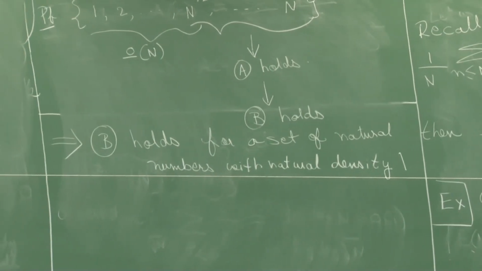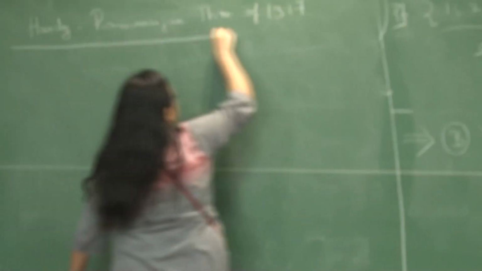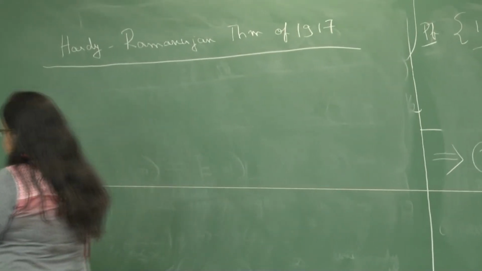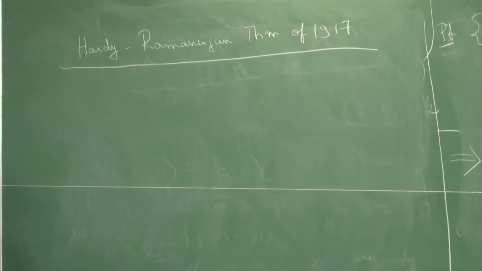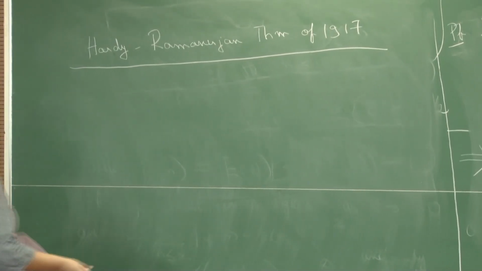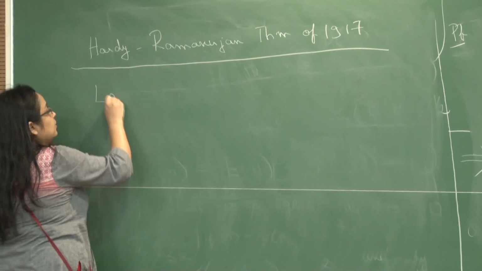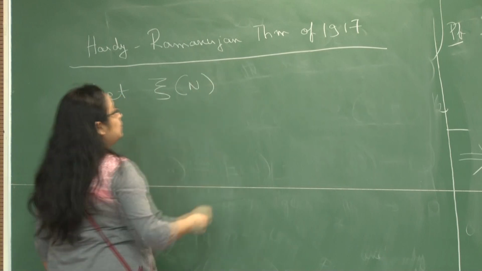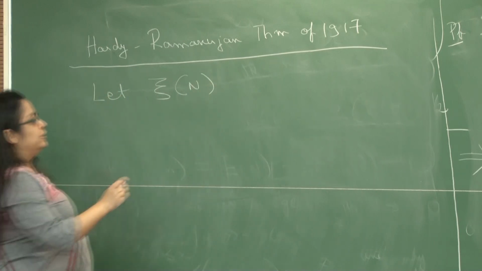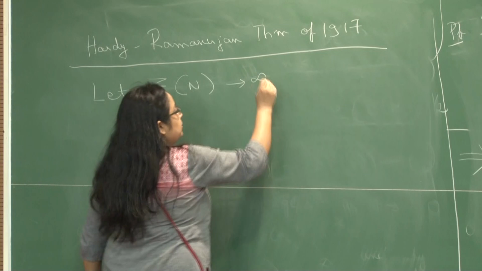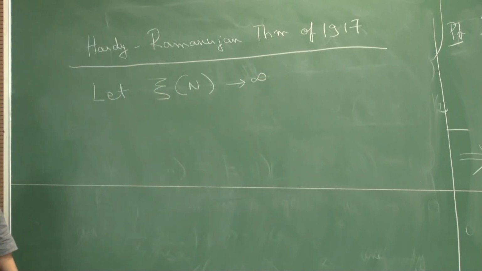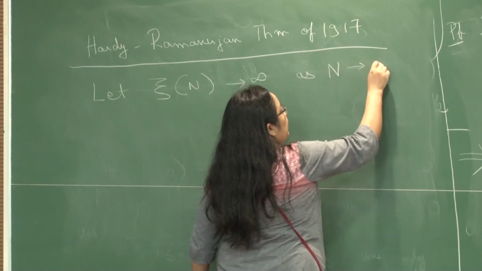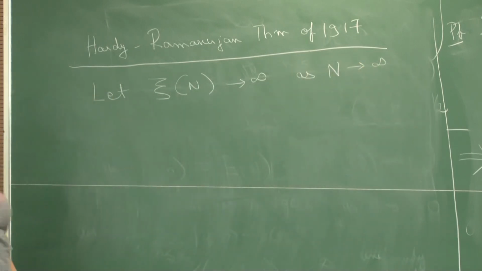There are many Hardy-Ramanujan theorems, but this one states the following. Let us take any function xi of n which goes to infinity, so it explodes, it's a fast growing function as capital N goes to infinity.